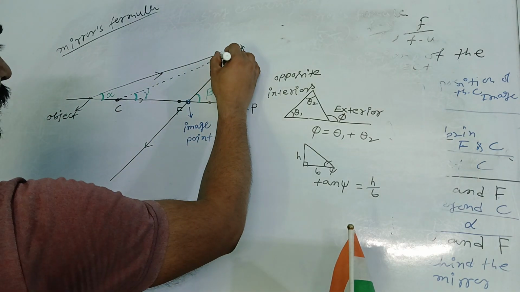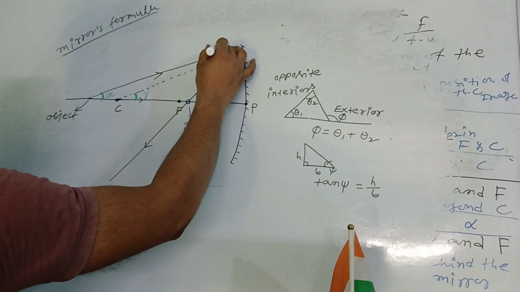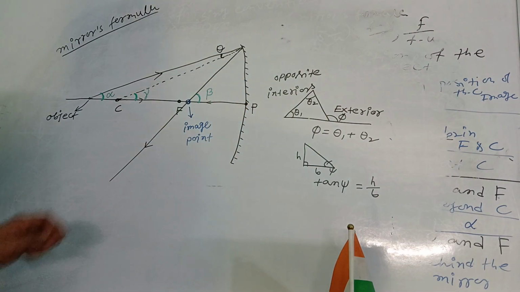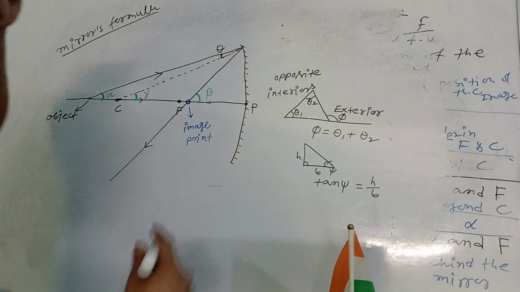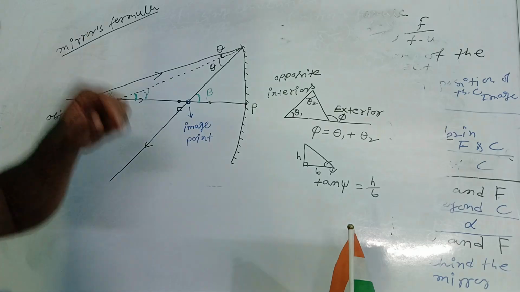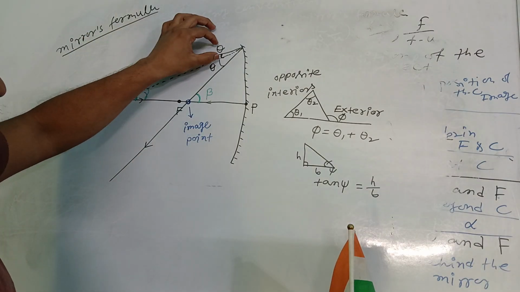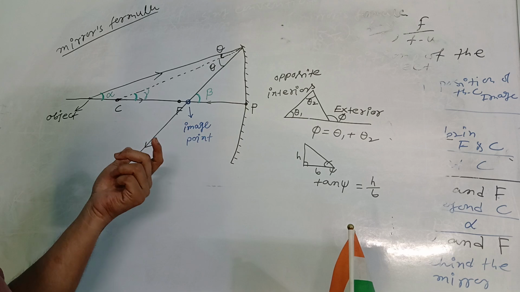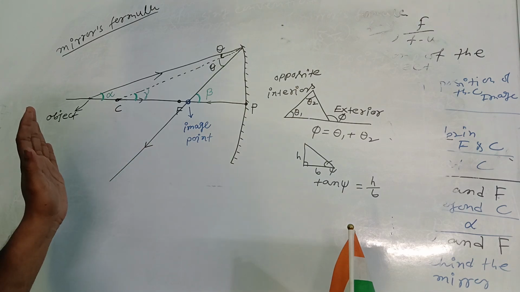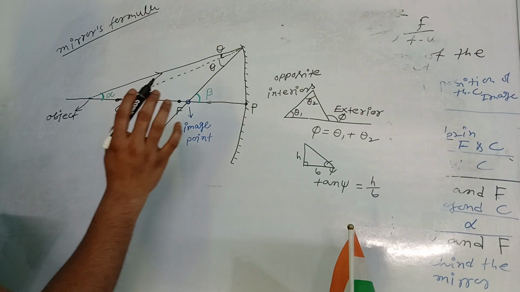So similarly, suppose this angle is the angle of incidence, say theta. If the angle of incidence is theta, what is the value of this angle? It is also theta, because of the angle of reflection. So angle of incidence theta, angle of reflection is also theta. Done? Now let me put some names here.